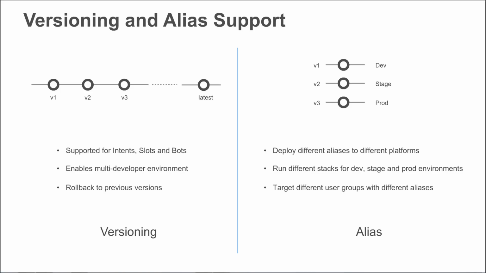Once you have versioning, you also need alias support, because when you're doing iterative development, you will keep releasing new versions. Every time you release a new version, you don't want to go change all your clients. Therefore, you set up an alias, something like prod, and point all your clients to the prod alias.